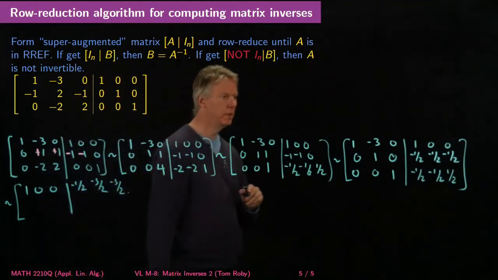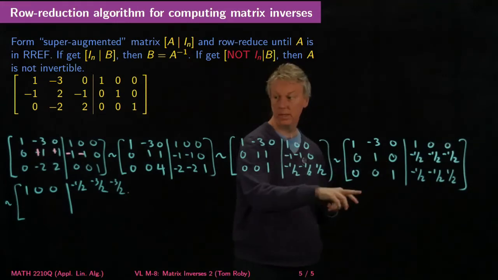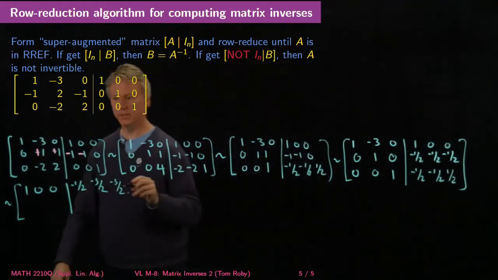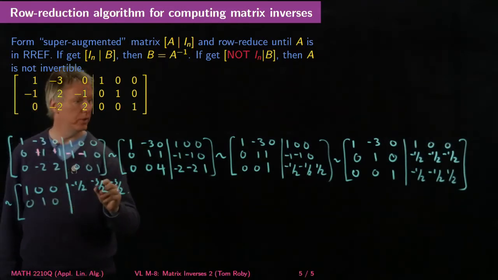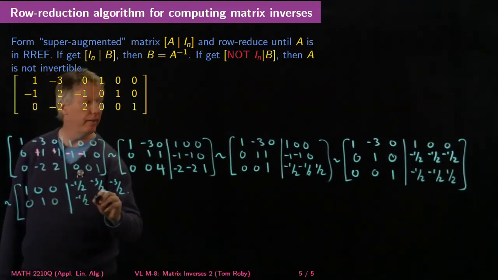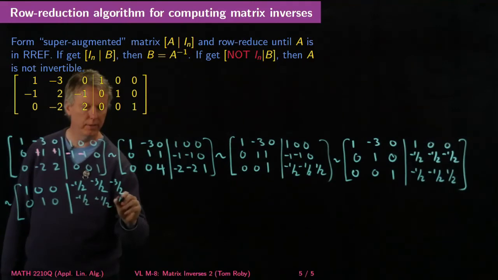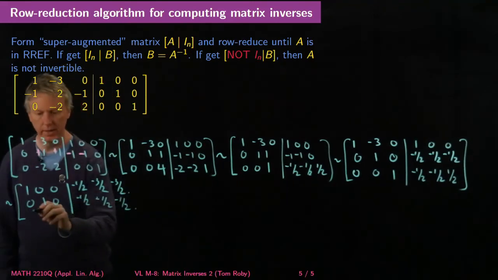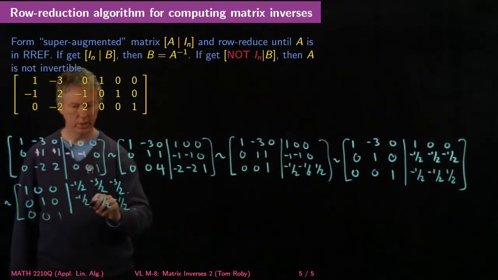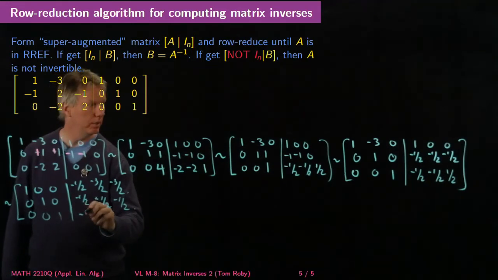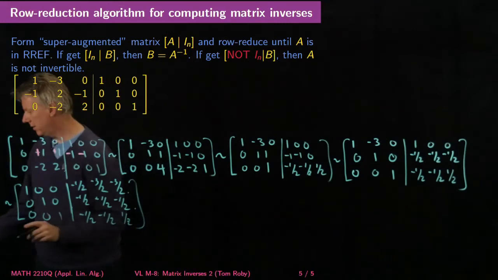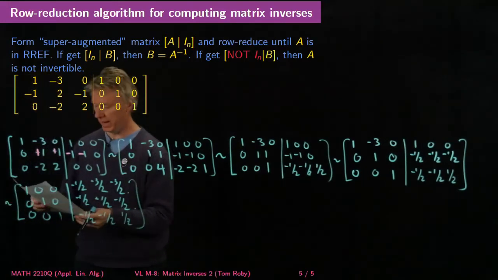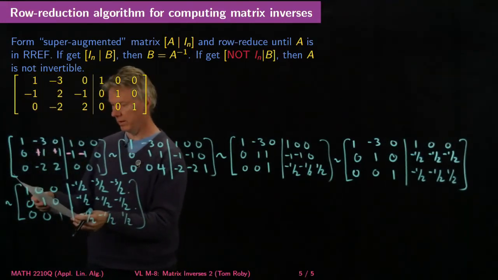I hope. And so then, these guys, so now it's 0, 1, 0 times -1/2, -1/2, -1/2, and then it's 0, 0, 1 times -1/2, -1/2, 1/2. And so now, I have this vague feeling that this isn't the same answer I got before.